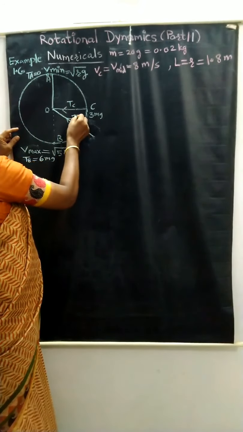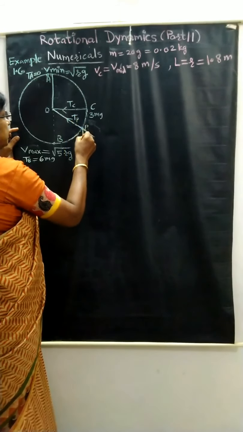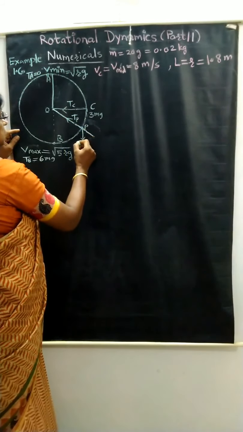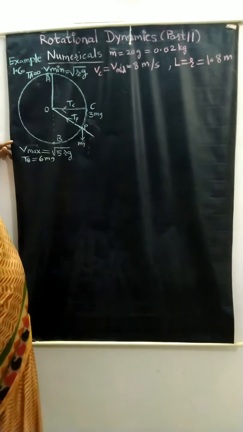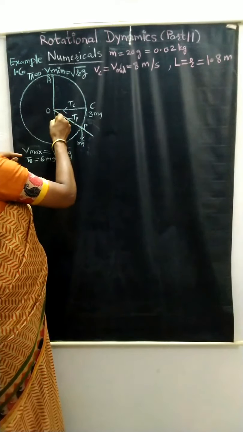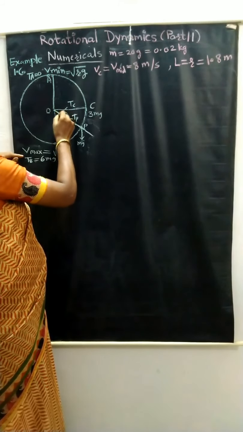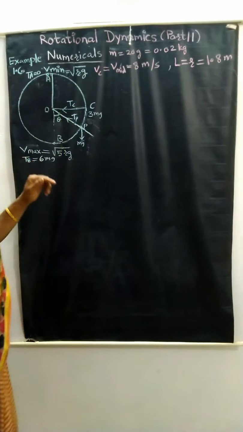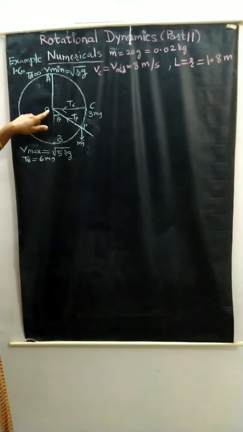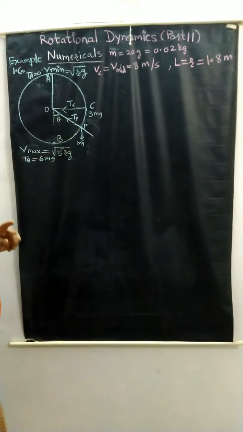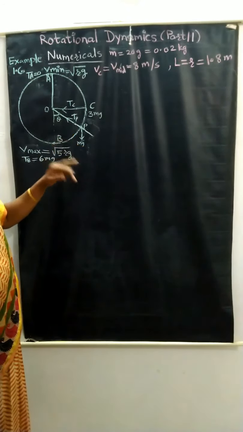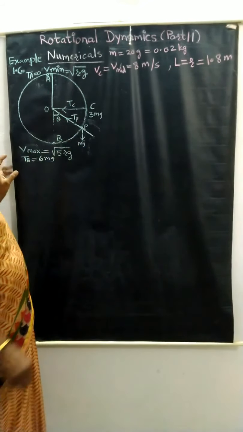Now at point P, the weight of the stone is acting vertically downwards. This weight we can resolve into two components. Now we have to find out position theta, and theta is measured from this OB line. So this angle is theta and we have to find out theta such that at that point the tension and the weight have the same magnitude.